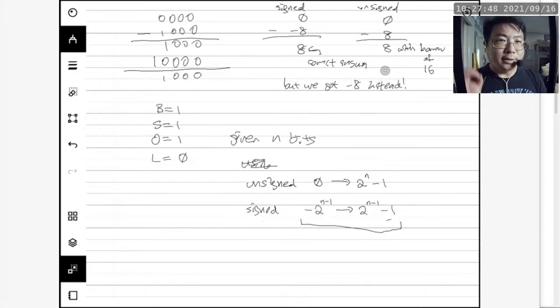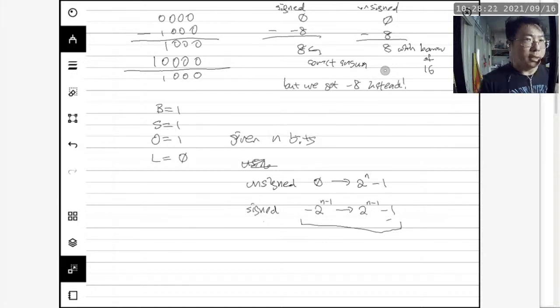But if the actual value of the difference is outside of this range, that means we do not have enough bits to represent the difference, and in that case, it is an overflow situation. So overflow means when we look at things from the signed perspective and the range of the signed interpretation is not enough to contain the actual difference.